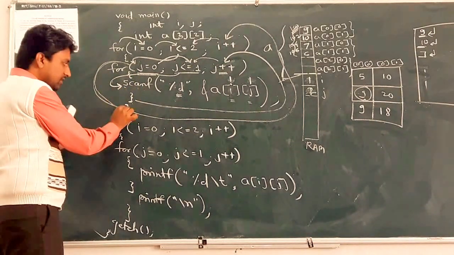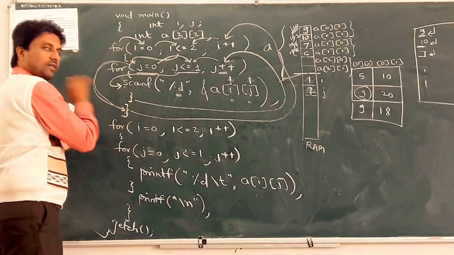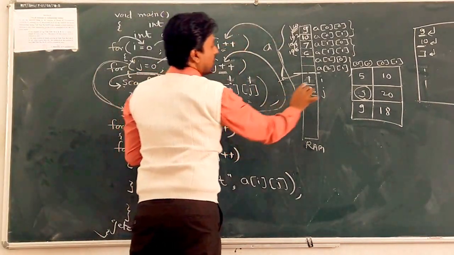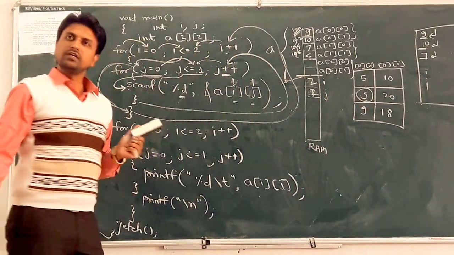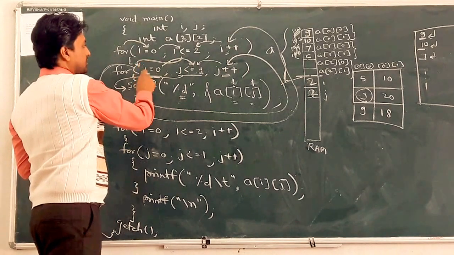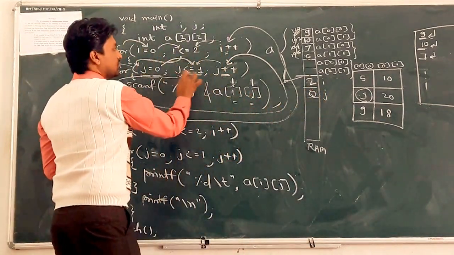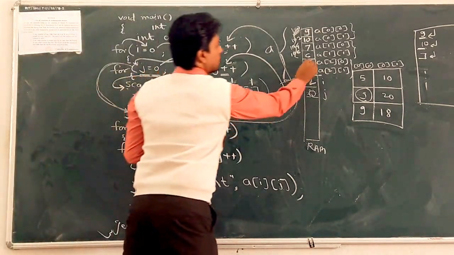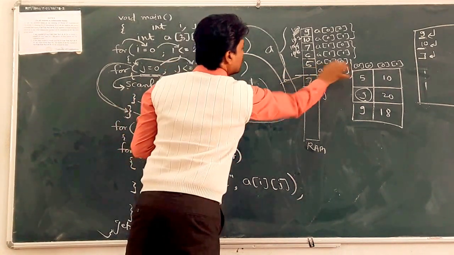So what is next? The next curly bracket is the outer for loop curly bracket. So again the cursor goes to i plus plus. i becomes 2. 2 less than or equal to 2, condition true. So again j is equal to 0. Then 0 less than or equal to 1, condition true. Then scanning, suppose 5 is stored at the location 2, 0.